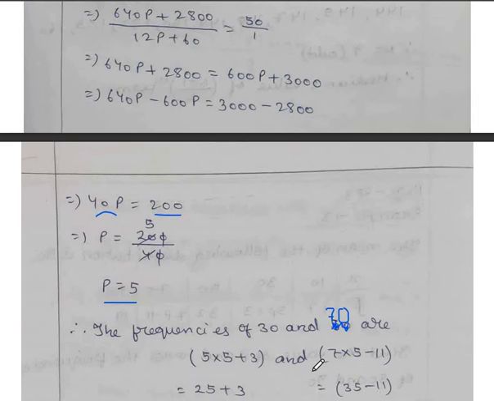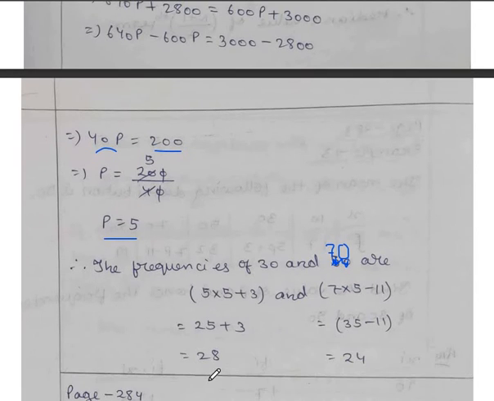The frequency for 30 is given as 5p plus 3, where p came out to be 5. So 5 into 5 plus 3, 25 plus 3, which is 28. And the frequency for 70 is 7p minus 11. That is 7 into 5, as p is 5, minus 11. 35 minus 11 is 24. These two are the answers for this.